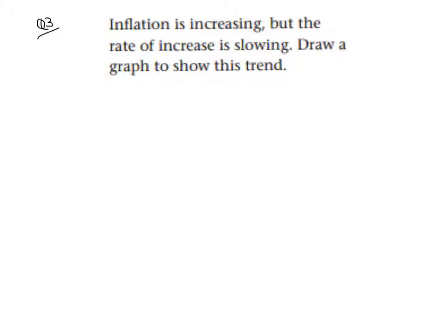Alright, question 3, we're required to draw a graph, and they give us the information that the inflation is increasing, but the rate of increase is slowing. So inflation is increasing means the first derivative is bigger than 0, but the second derivative, the rate of that first derivative, is slowing down, decreasing, less than 0 or a maximum.